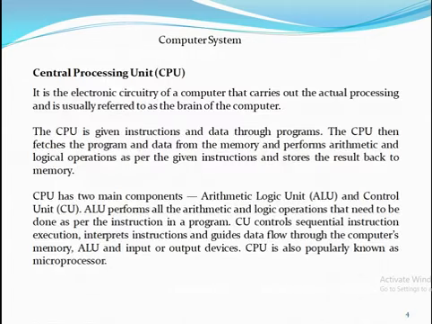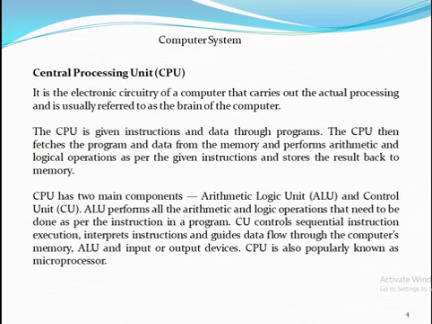First, CPU, central processing unit. It is the electronic circuit of a computer that carries out the actual processing and is usually referred to as the brain of the computer. The CPU is given instructions and data through programs.